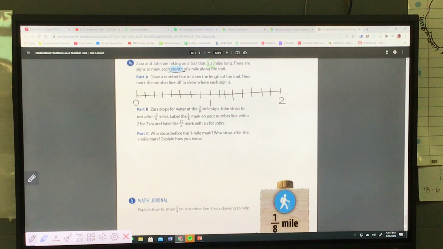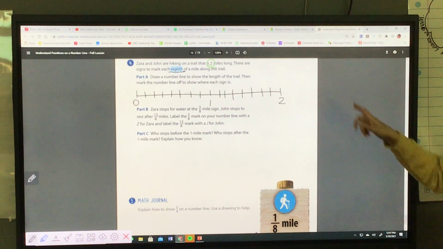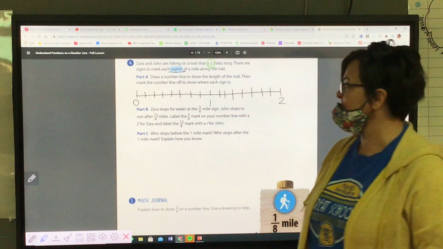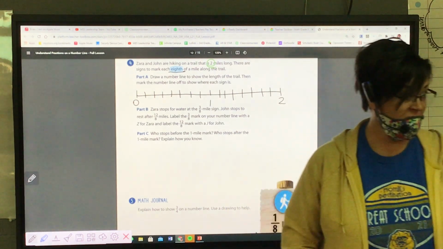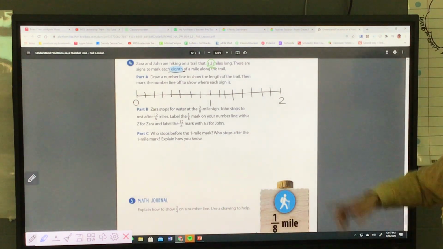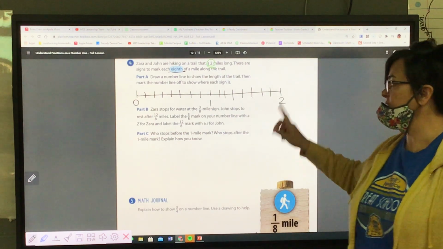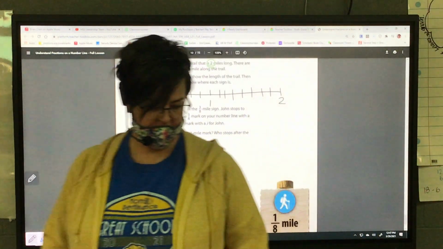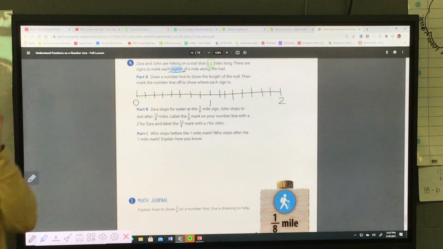And then 8 marks between 1 and 2. Are there a lot of signs on that trail then? Yeah, if there's a sign every 8th mile, in that 2 miles, there's 16 signs. In just 2 miles. That's kind of a lot.